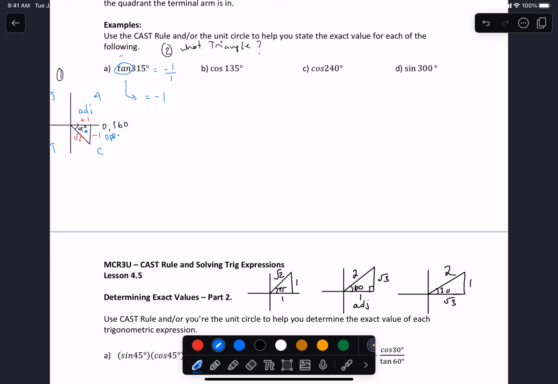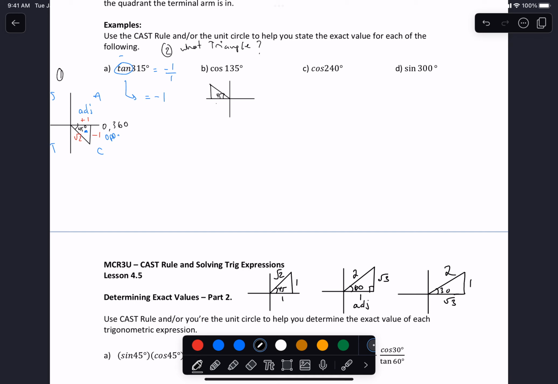Okay, so when I do the cosine of 135, again, we can run through the same few steps. I would draw myself a little picture just so I knew where 135 was. I see a 45 in that angle, and so I know the only way I can build that is with a 45.